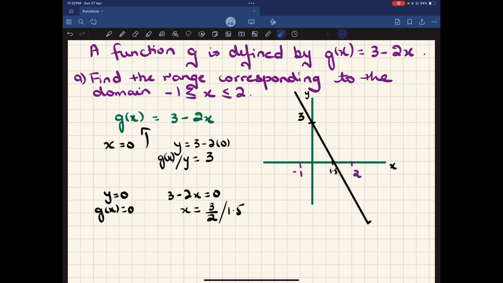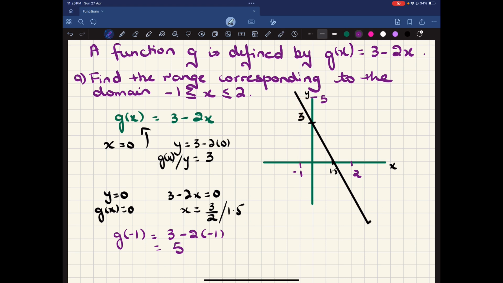So what are we going to do? We're going to substitute -1 into the function, and find the respective y value. So if x is equal to -1, our function is going to produce 5. So this is going to be 5.